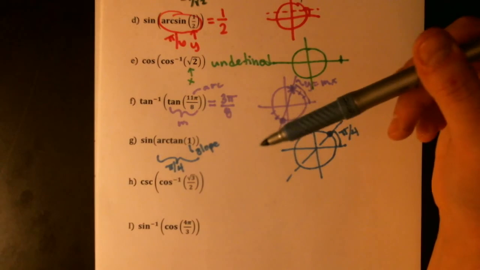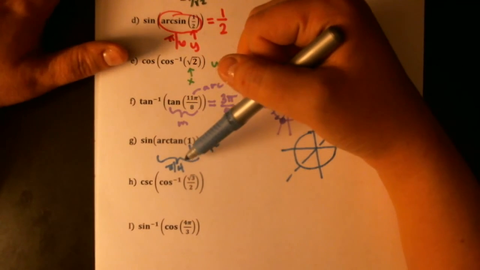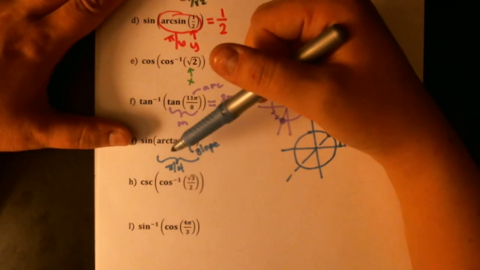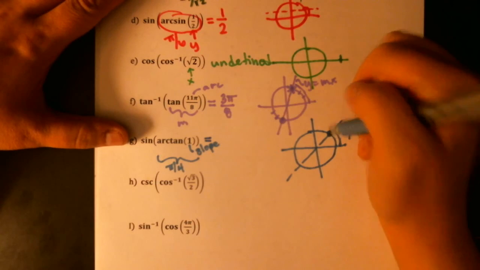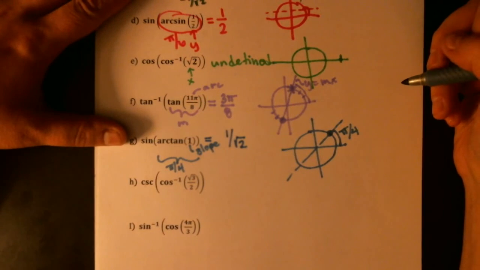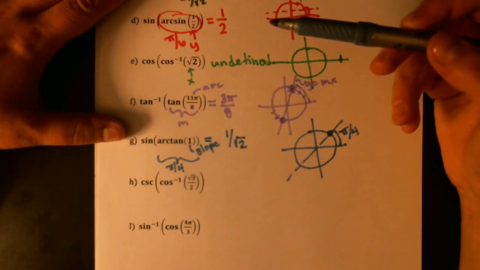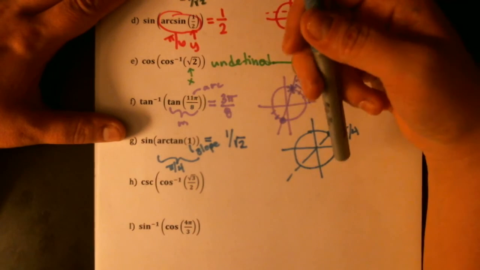And the answer here is yes, but that's a good thing to start watching out for. So sine does input arc lengths. What sine will output is your y coordinate. So at this point right here, my y coordinate is 1 over the square root of 2. So that's my answer.